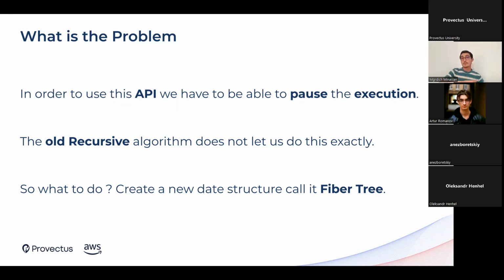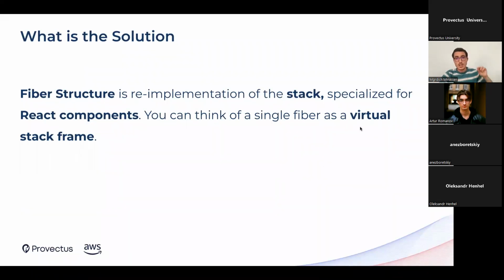React implemented a new data structure called the fiber tree in order to be able to pause the execution of a certain process, let the browser do the animation, and then come back and continue the execution of that fiber structure. So the browser created a new API that lets you solve these animation drop frame issues. In order to use it, you have to be able to pause the execution of a certain function. The old algorithm was not letting you do that, but the new algorithm with the new implementation does help you do that. So what's the solution?